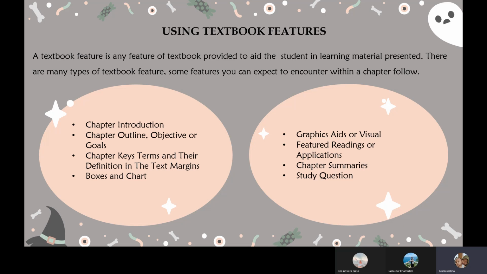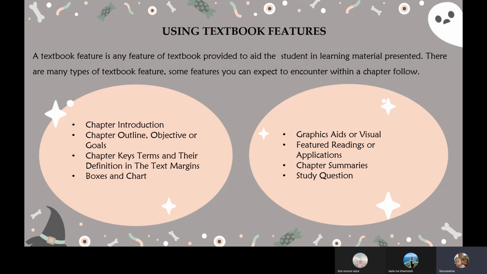These are very useful for students as these definitions and examples are often exactly the ones that need to be learned for classes. And the four, boxes and charts. Boxes and charts often summarize information in a chapter or prompt you to reflect on the chapter contents and should be examined closely. And number five, graphic aids or visuals.